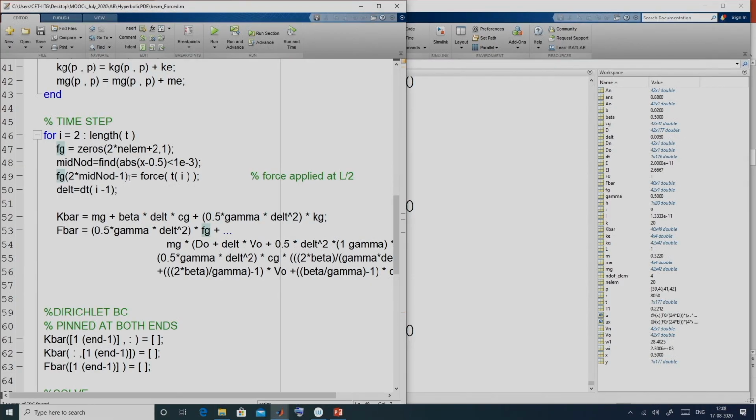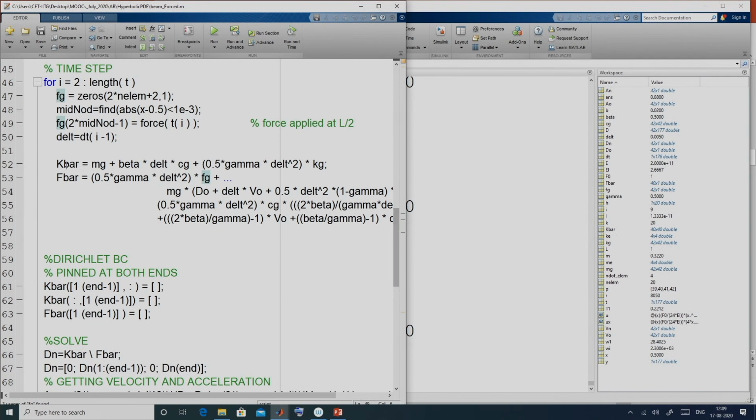Here, taking help of that force function, we calculated the corresponding force, and this has to be assigned to that particular corresponding degree of freedom, otherwise it will create a problem. So we identified the mid node, from there we identified the corresponding DOF, and we located the row where this force has to be appended in the force vector. That has to be done very carefully. Only this part is new.